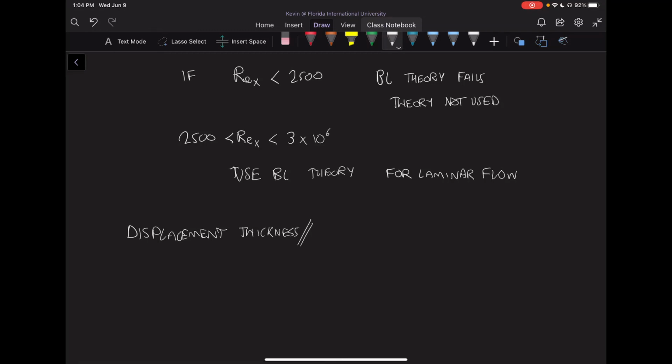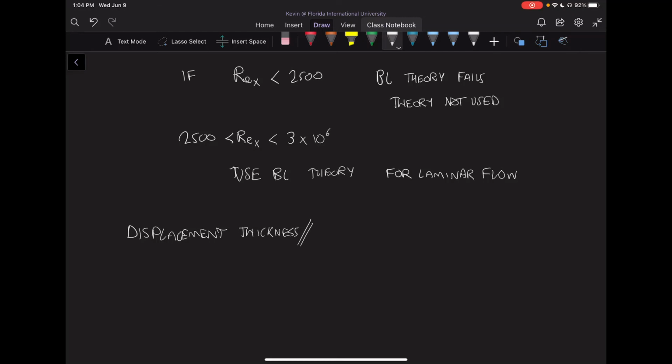So in this next part of the lecture, another interesting effect of the boundary layer is that we can rewrite the boundary layer thickness as a new term. Okay, so we're going to derive a new way of writing our boundary layer thickness.